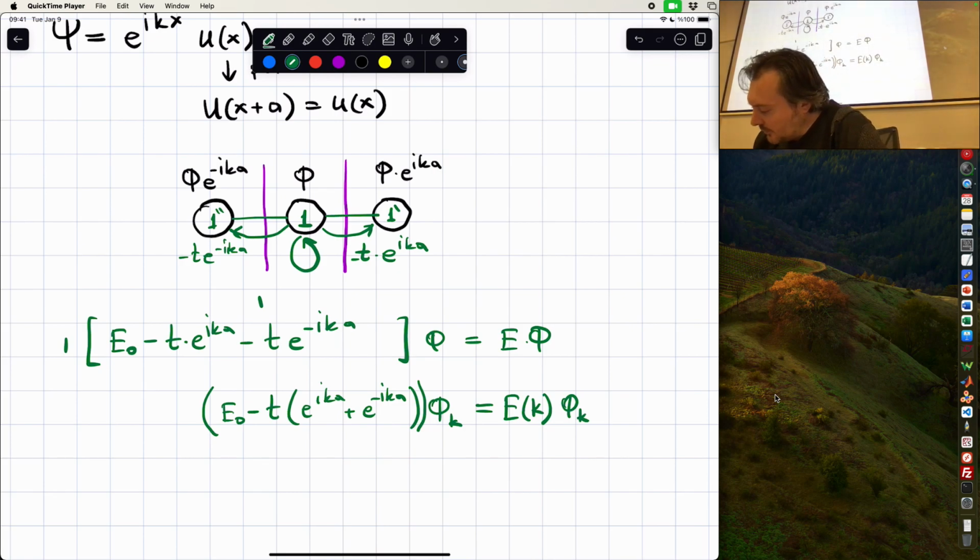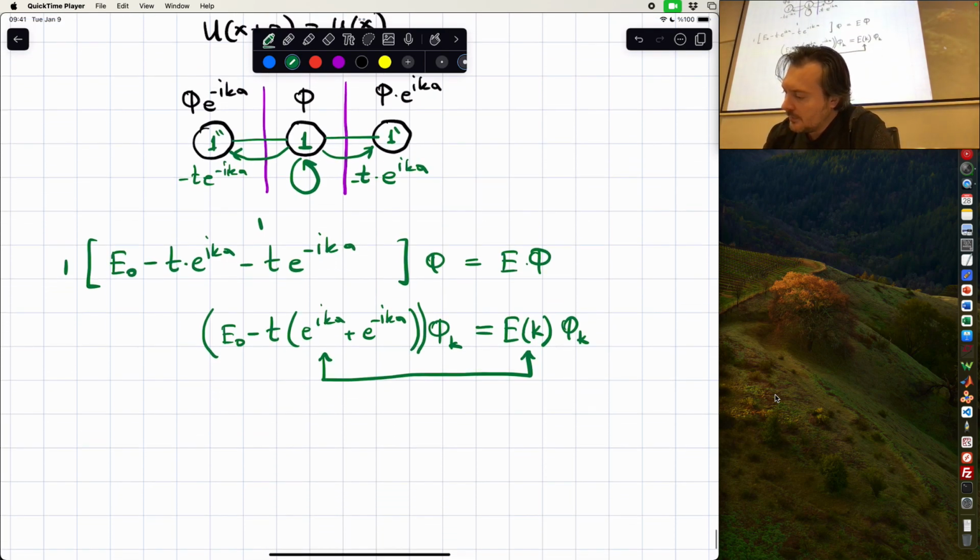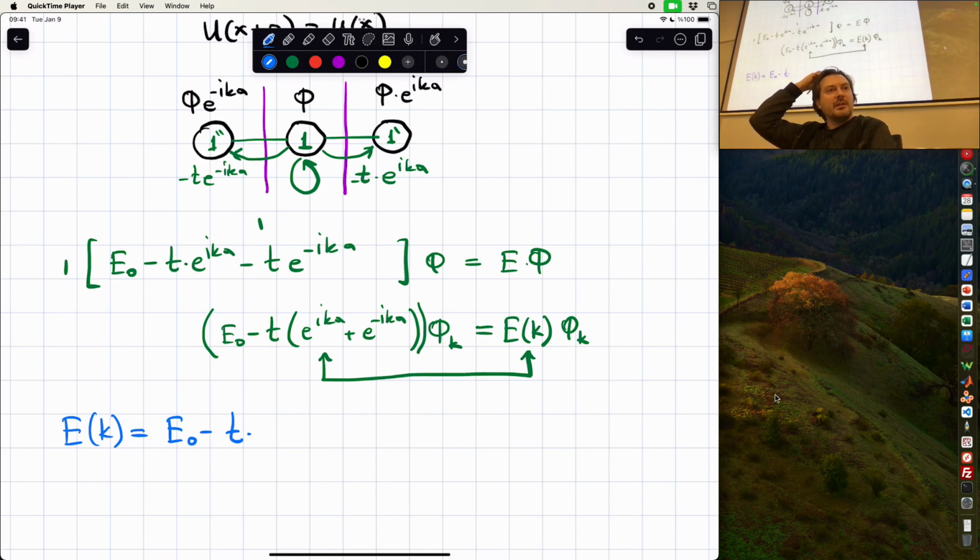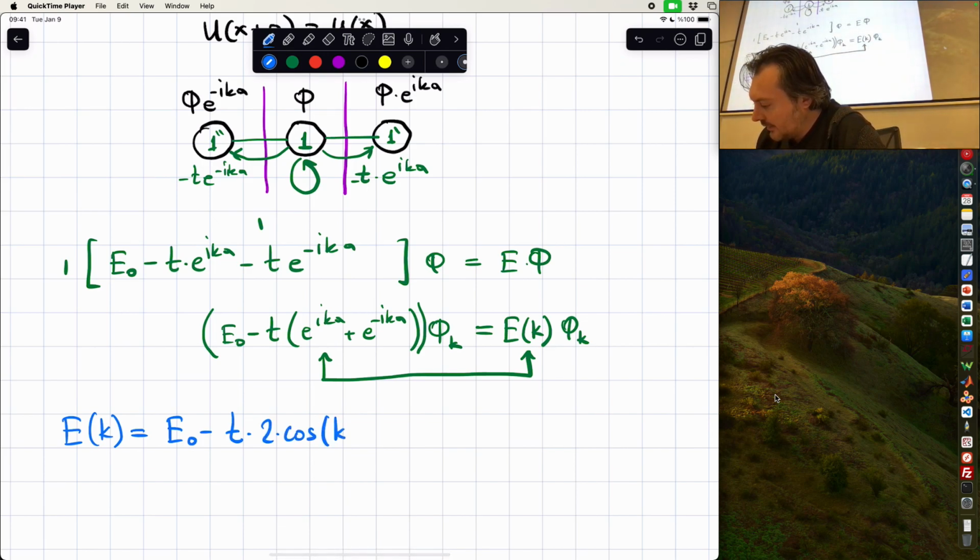So since it's a 1 by 1 matrix, we can just take this one equal to that one. Then your energy depends on k, and it's basically E0 minus t times e to the ix plus e to the minus ix, which is 2 cosine x, right? 2 times cosine ka.